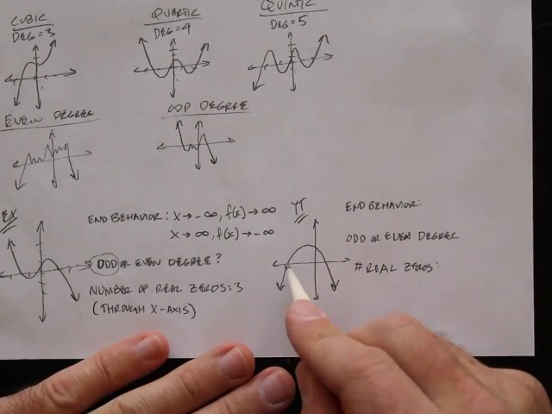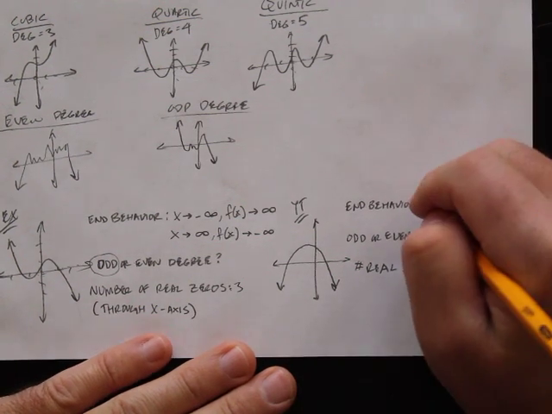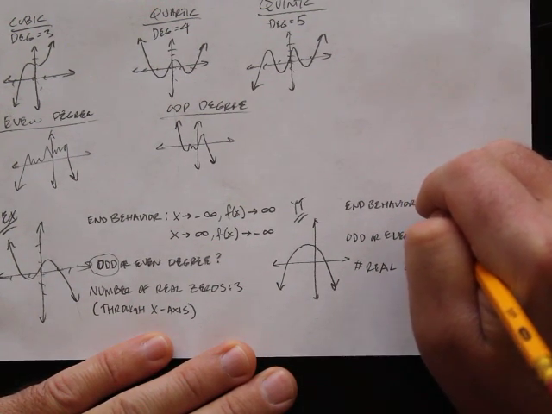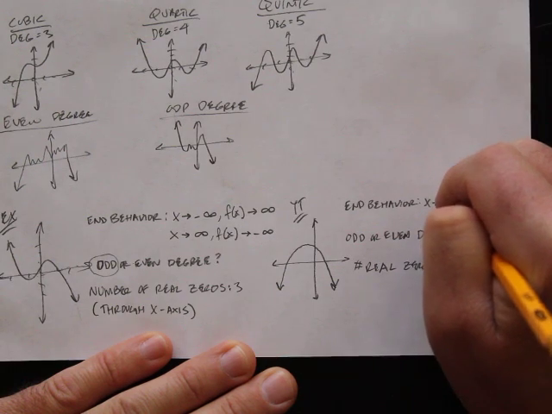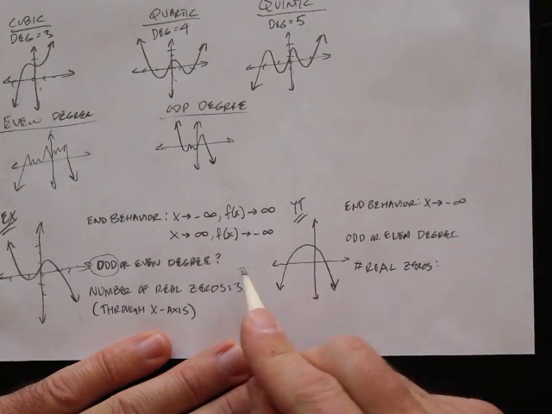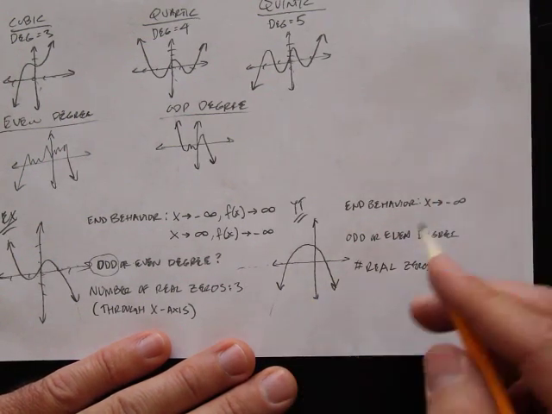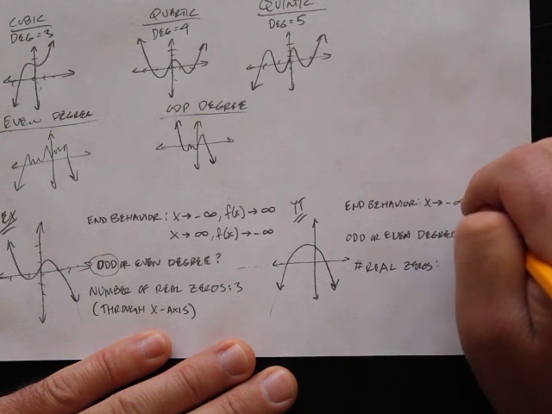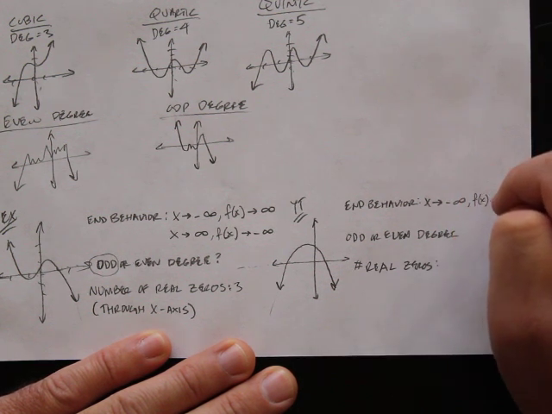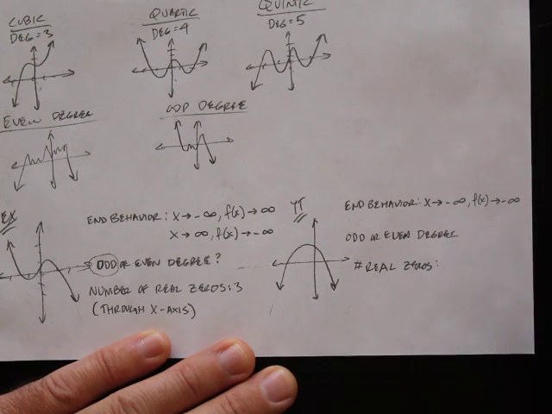End behavior. So I'm looking at here, if I were to plug in negative x values, so as x goes to negative infinity, my arrow is going down, so that means f of x is going also to negative infinity.